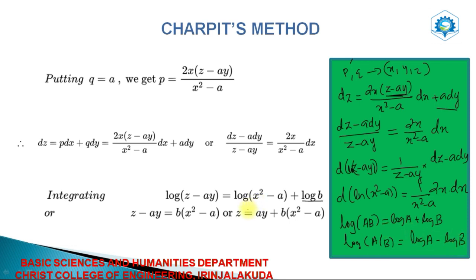Anyway, we will get z minus ay equal to b into x square minus a, or z equal to ay plus b into x square minus a.